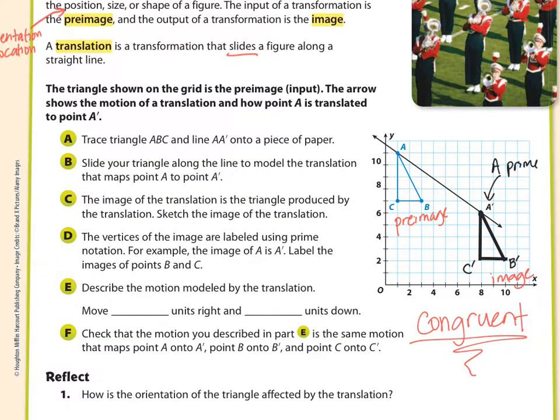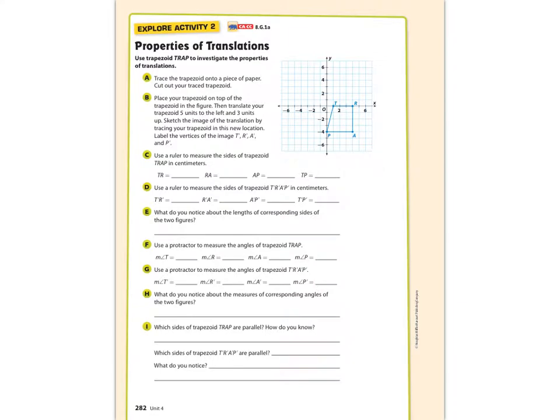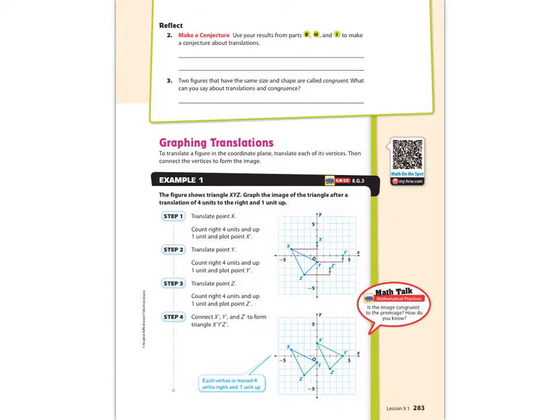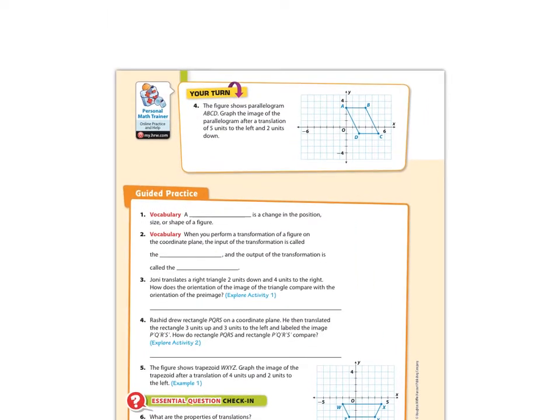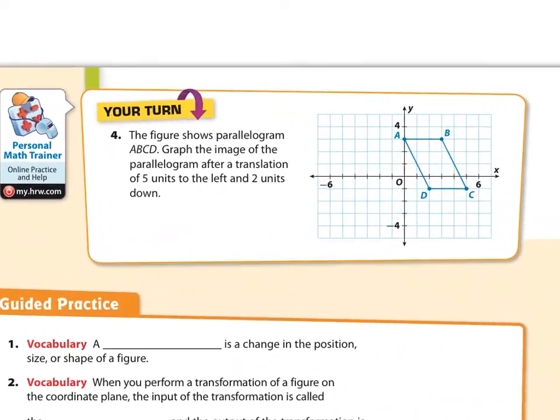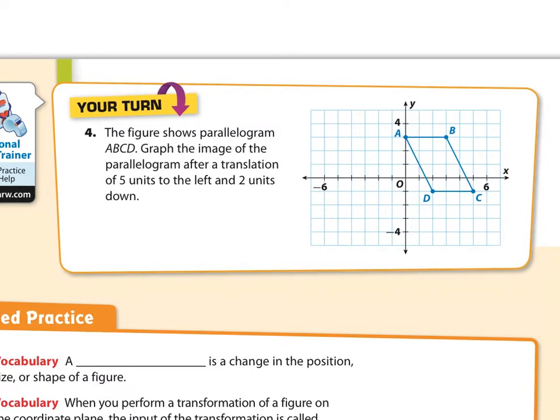Okay, so let's take a look at an example. Take a look at number 4 here, the your turn, the only your turn we have in this lesson. The figure shows parallelogram ABCD. You see that on the right side, right here. Graph the image of the parallelogram after a translation of 5 units to the left and 2 units down.